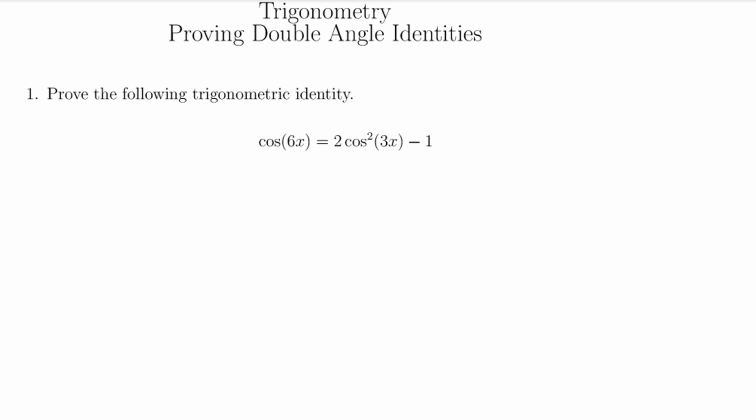If you want to prove that cosine of 6x is equal to 2 times cosine squared of 3x minus 1, this is going to be an application of a double angle identity. Now, the reason I'm going to use the double angle identity is, one, because my right hand side looks very close to a double angle identity, and I have things like 6x or 3x inside.